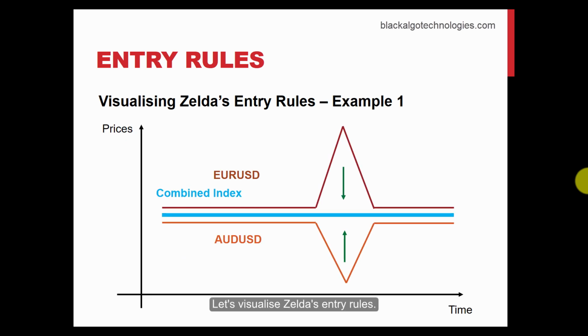Alright, so let's visualize Zelda's entry rules. First example, the thick blue line is our combined index. And remember, this combined index is a so-called imaginary line. It does not exist as a tradable asset. It is something that we calculated. So in this case, Euro USD deviates more on the positive side, and Aussie USD deviates more on the negative side.